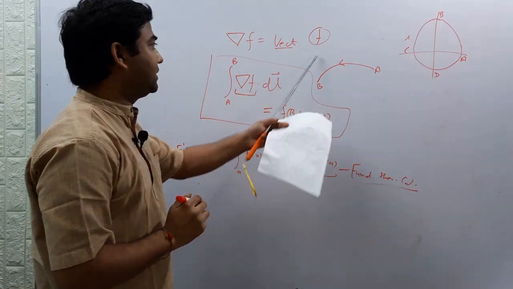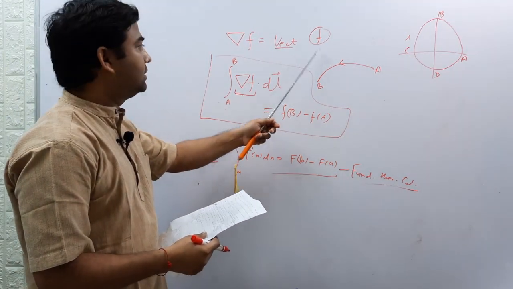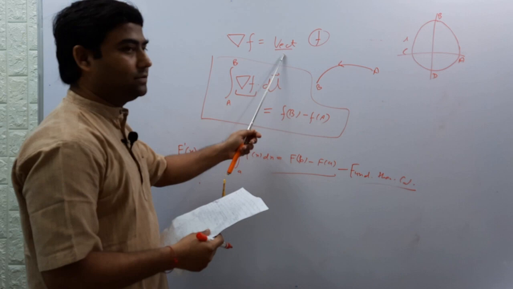Here f is a scalar function for which we have found the gradient, that is a vector function.